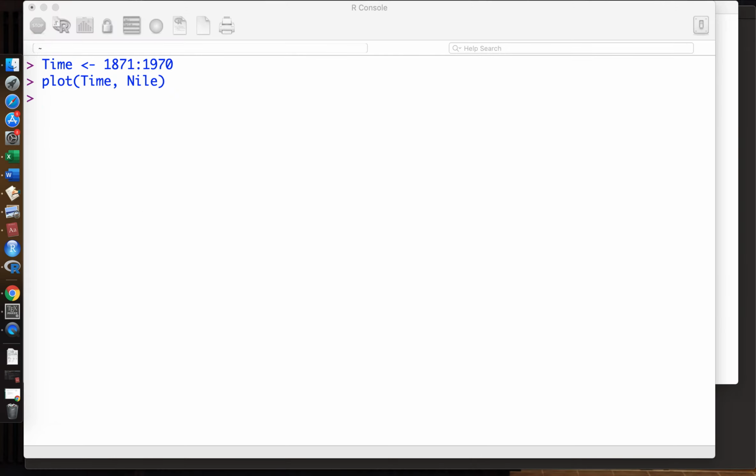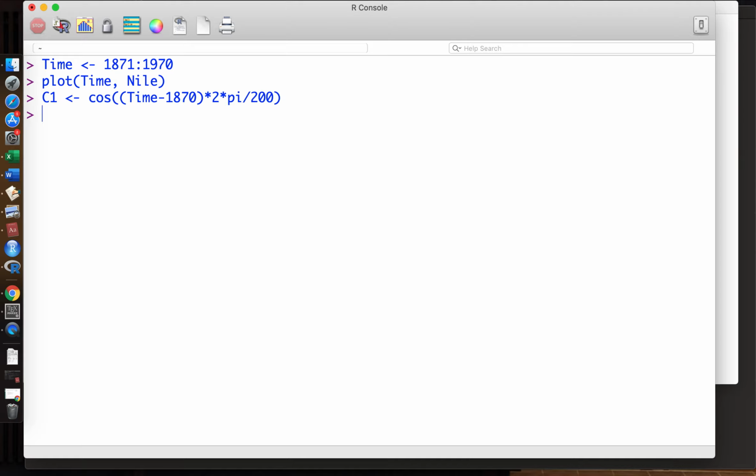So today I want to use cosine curves and sine curves to regress this Nile River data. The first variable, C1, is a function of time. We just shift time by 1870 to avoid numerical overflow, and multiply by 2 pi divided by 200.